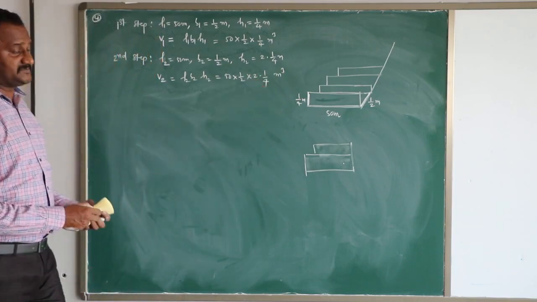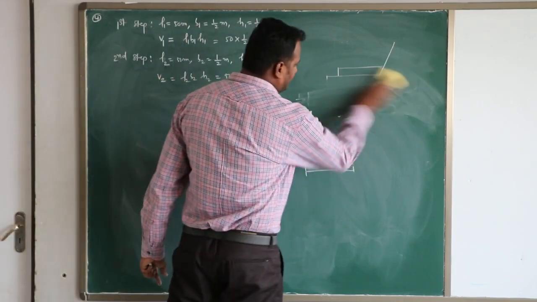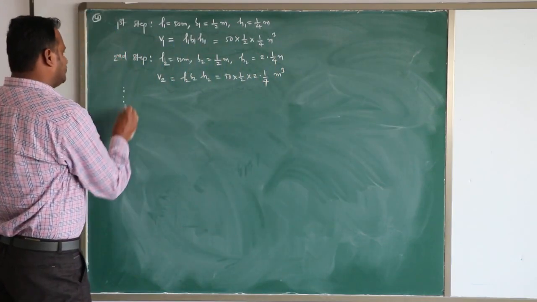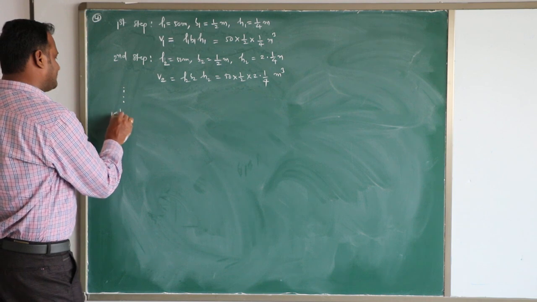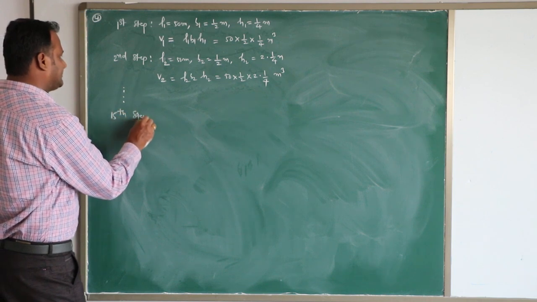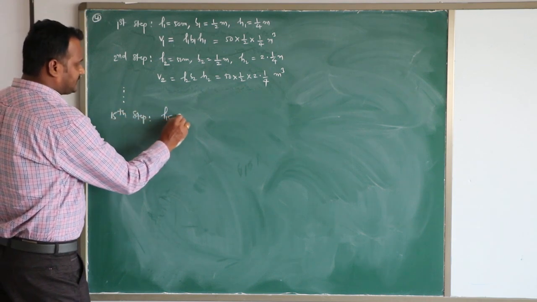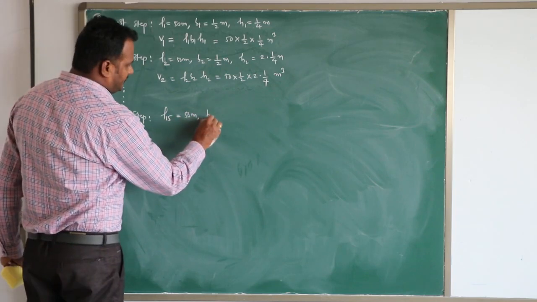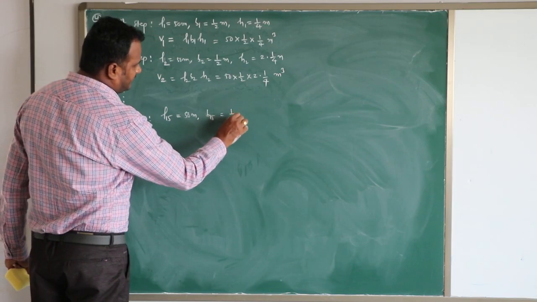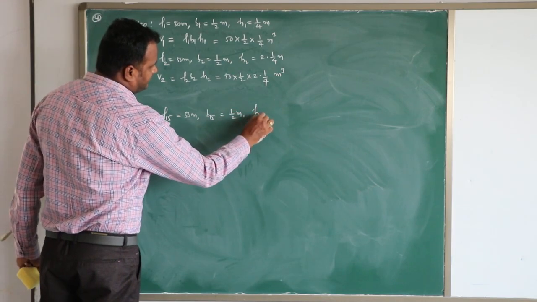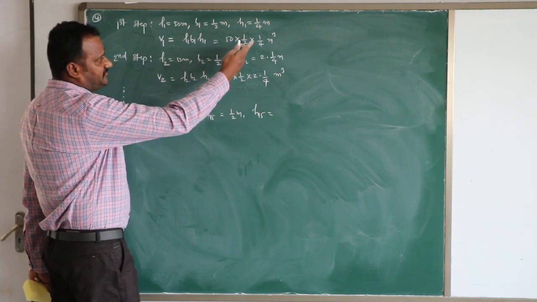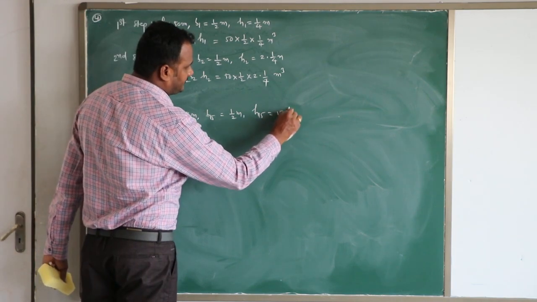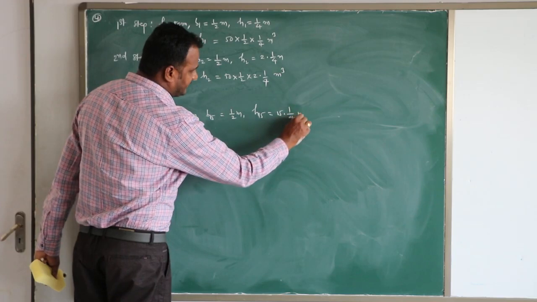Like that, how many steps are there? We have totally 15 steps. While finding the measurements of the 15th step, L15 is equal to still 50 meters, B15 is equal to again half meter, but H15 is equal to 15 times 1/4 meters.